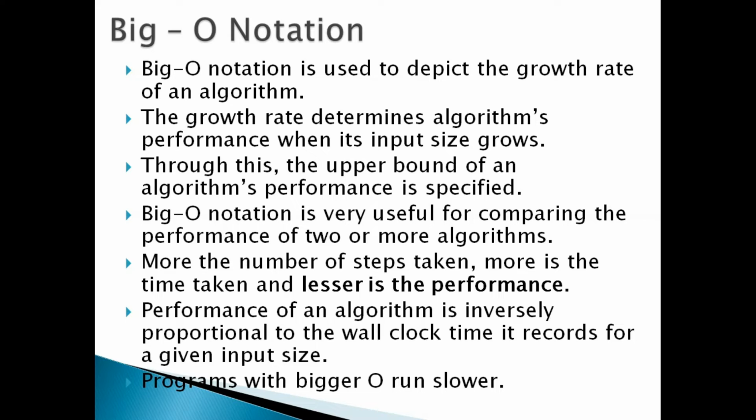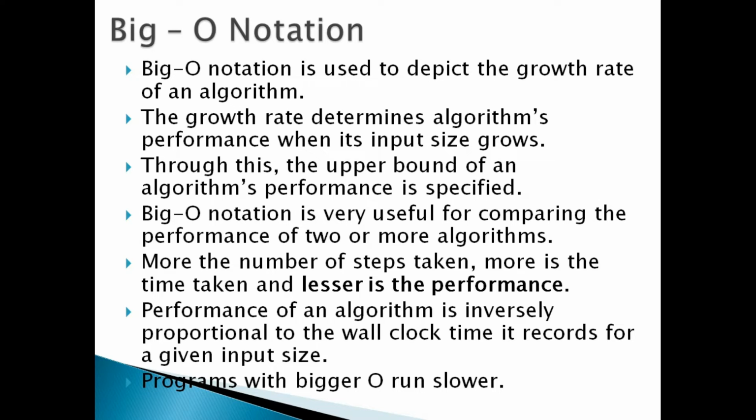It is very clear, an algorithm taking less time will be preferred over others. So an algorithm taking more steps or more time will be lesser in performance. It is a very important point that the more the number of steps taken, the more is the time taken by the algorithm and the lesser is the performance of that algorithm.